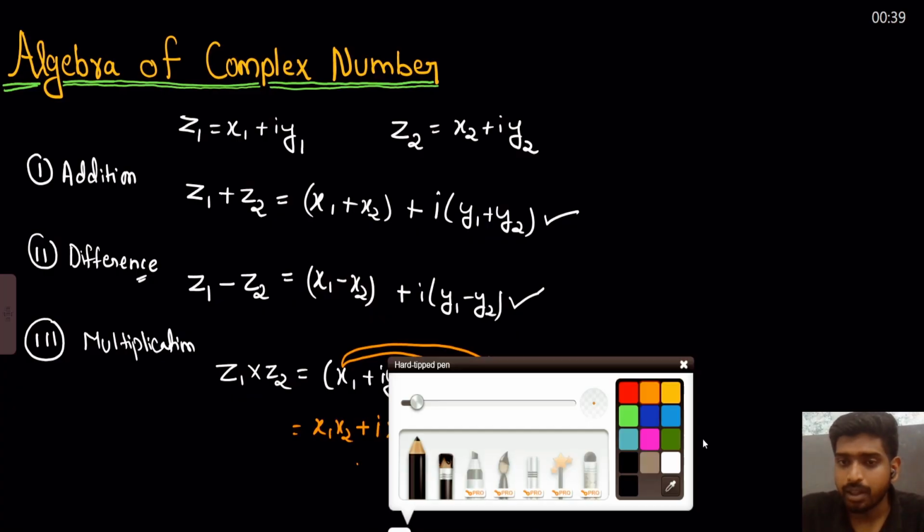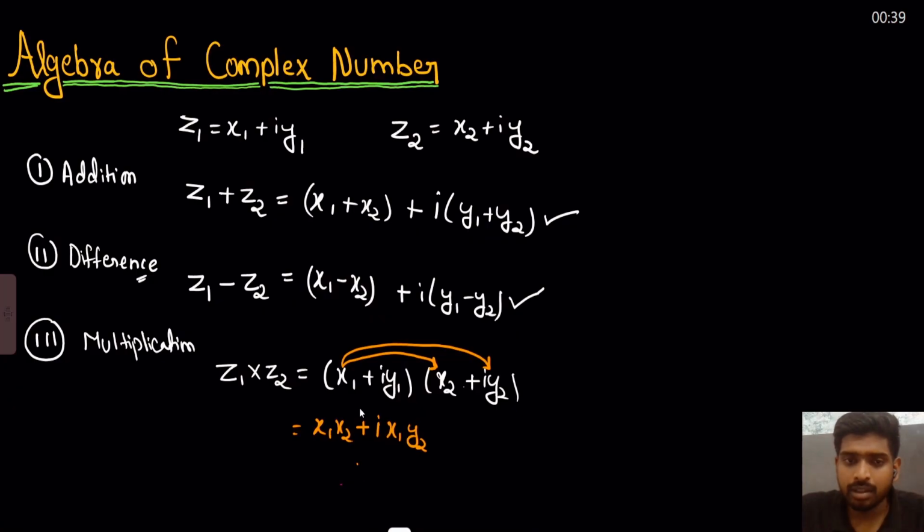Next we'll multiply this iota y1. Iota y1 gets multiplied with x2, and this iota y1 gets multiplied with iota y2. So when iota y1 gets multiplied with x2, I will get iota times y1 into x2, plus iota y1 multiplied with iota y2 gives iota square y1 into y2.